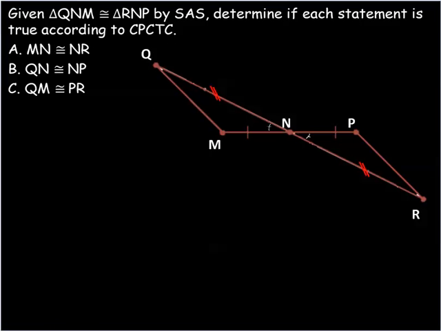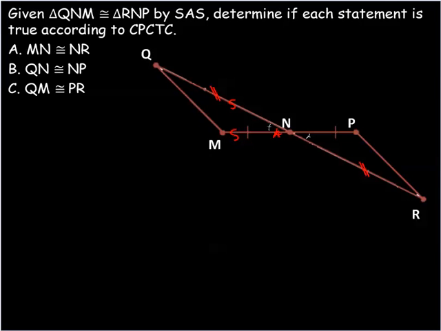Okay, this example says, given that triangle QNM is congruent to triangle RNP by side angle side, and you can see that we've got a side, an angle, and a side. It says determine if each statement is true according to the CPCTC.